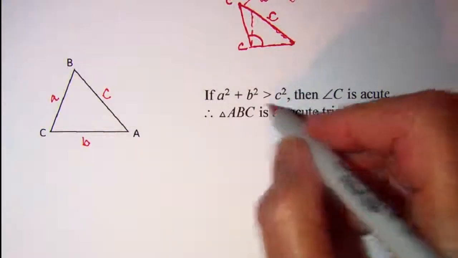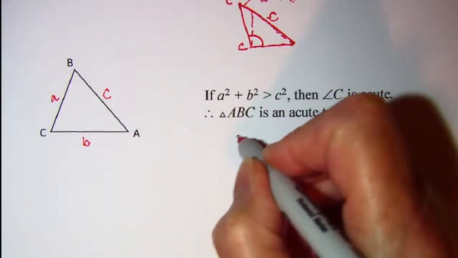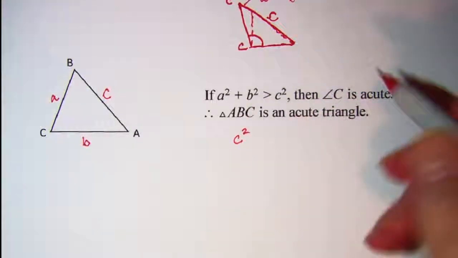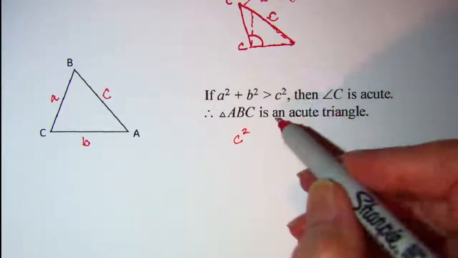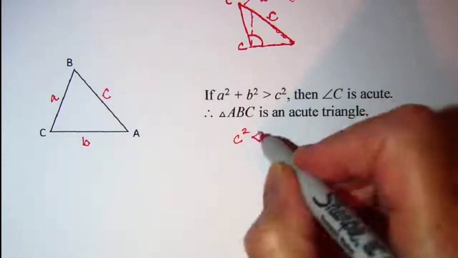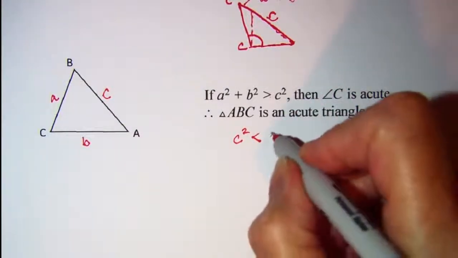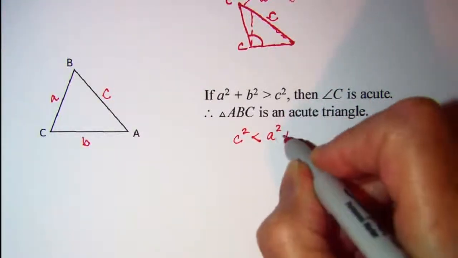So let's look at this inequality in reverse as well. If we have c squared written on the left side of the inequality, then we'll need to use the less than symbol. We need to reverse this also. And then a squared plus b squared.